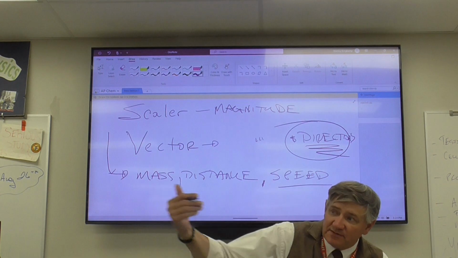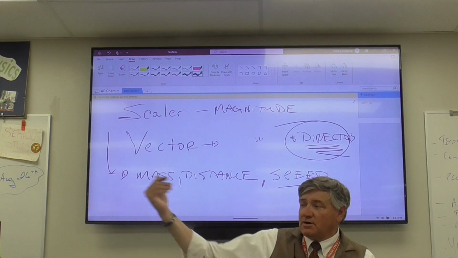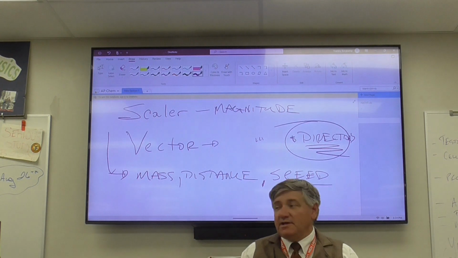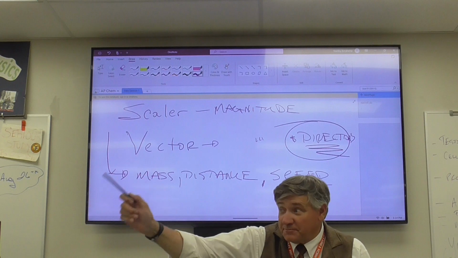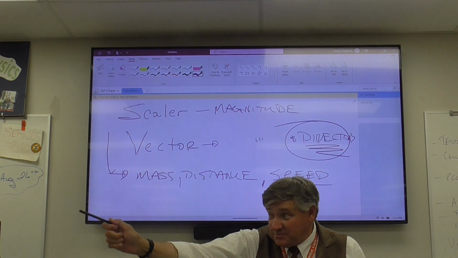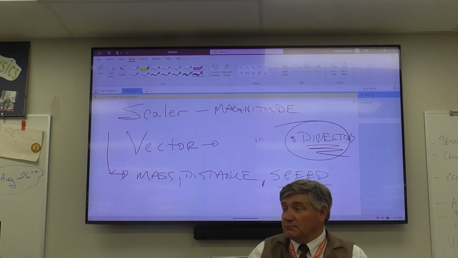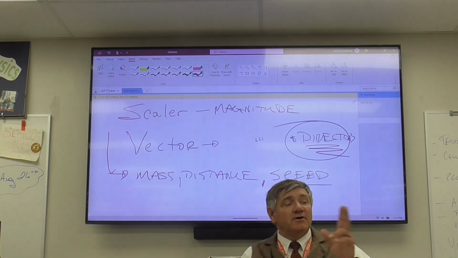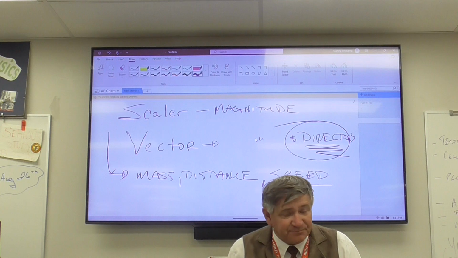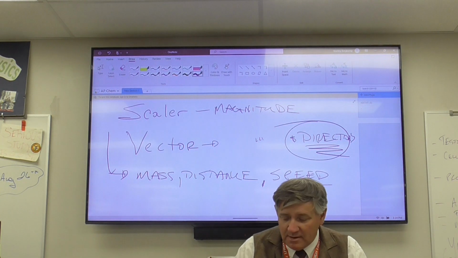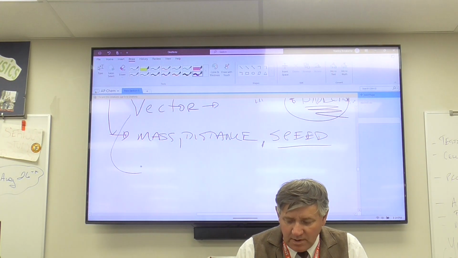She's going to turn left and then she's going to go west on 45th Street. Again, that now becomes a vector quantity. If I ask Luke, which direction do you live from the school? South, north, east, west, up, down? South.